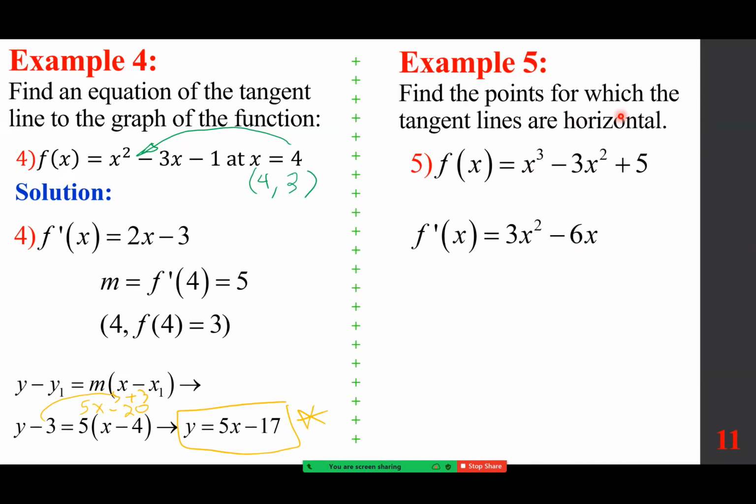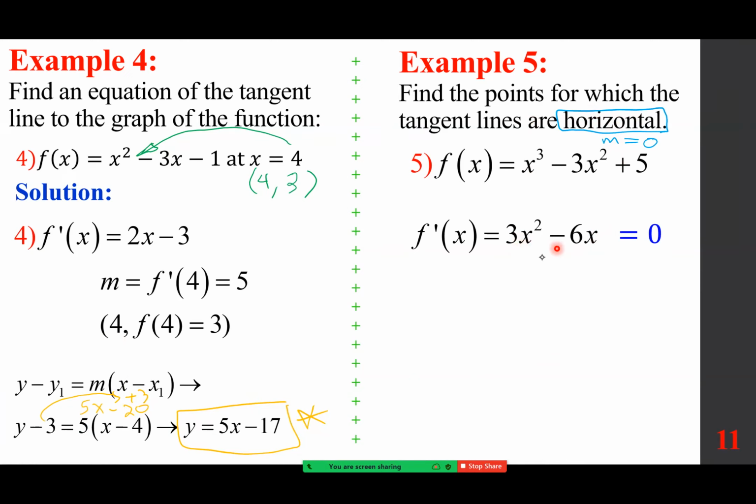Then we know every horizontal line has a slope of 0. Since we are looking for tangent lines that are horizontal, this must be equal to 0. And we are going to solve this, which is a simple algebraic equation.